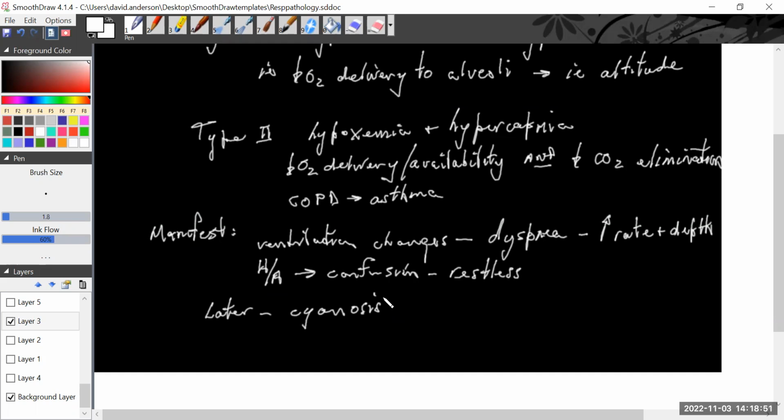So a lower oxygen saturation in the tissues will show up as a bluish tinge, cool and clammy. And when we start to see these things, because these are later advances, this is an indication that any kind of compensation has failed. So this all represents decompensation.